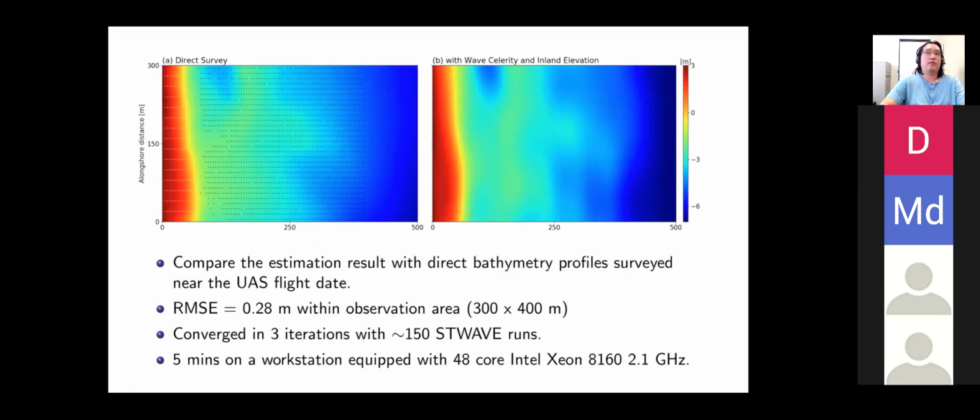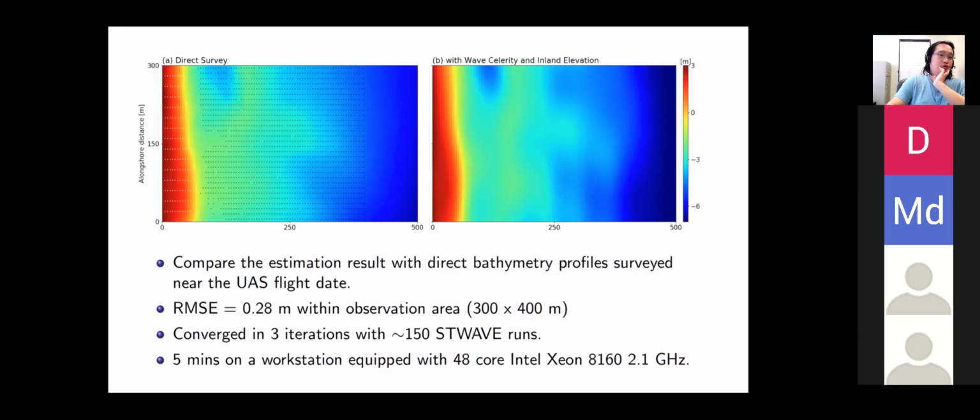This is the estimation result. You clearly see this is the direct survey, because in North Carolina they did a lot of direct surveys with their facility. So we know the true bathymetry elevations, and this is the inverse modeling result. You clearly see that with the pre-processed wave speed and elevation measurements, you get a very nice map of the estimation.